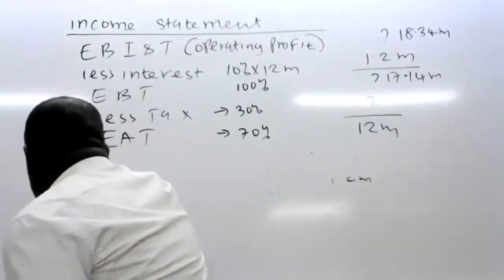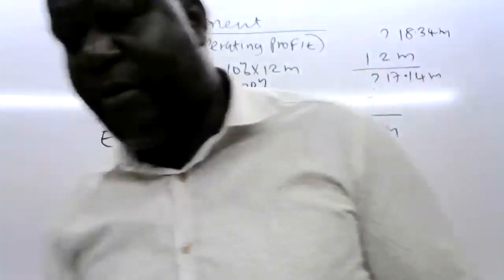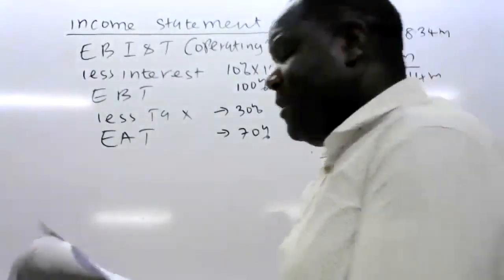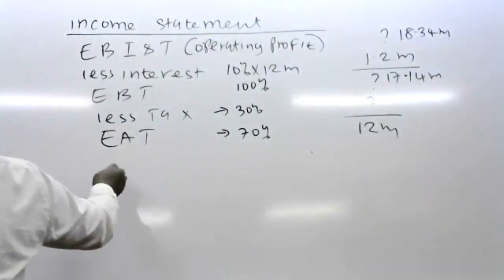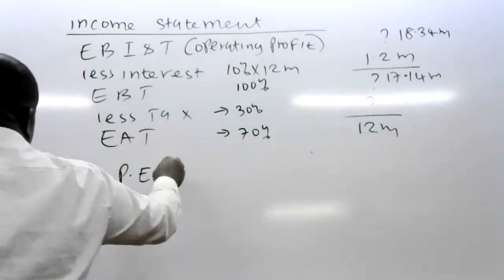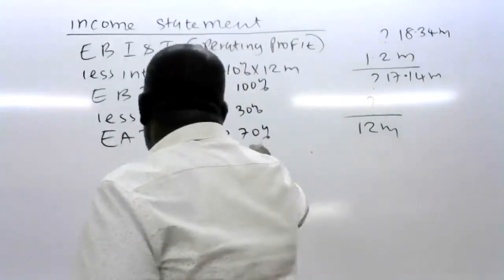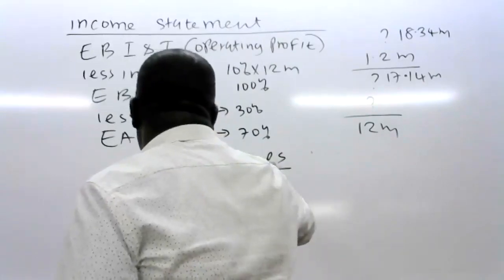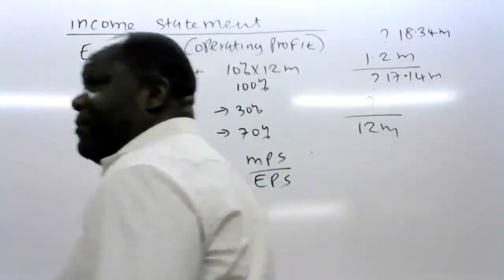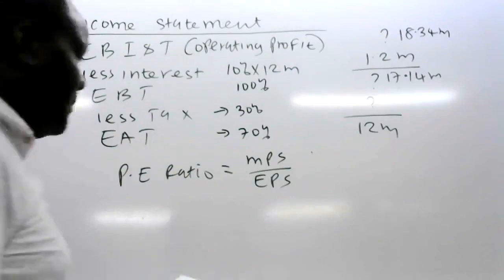For us to come up with the price earning ratio, remember it is given by market price per share divided by earnings per share.